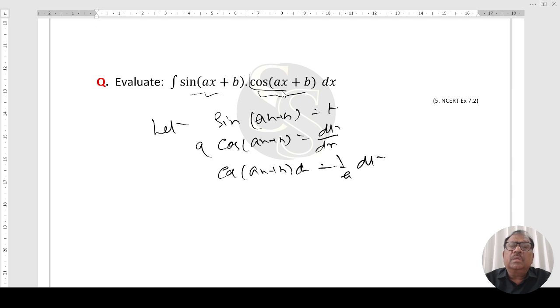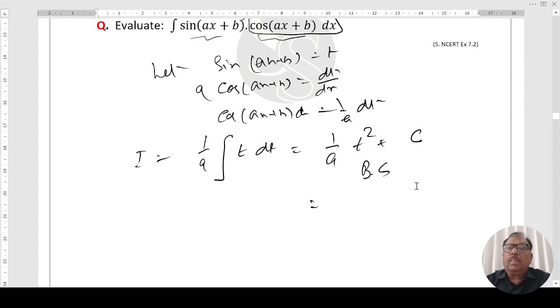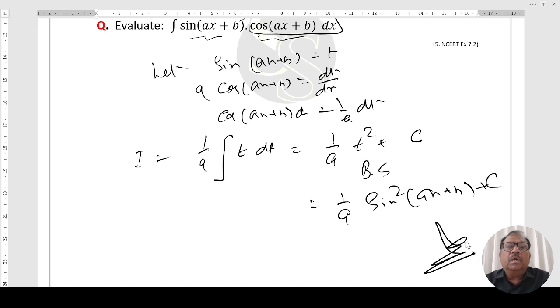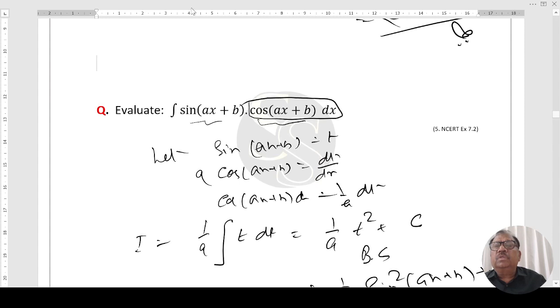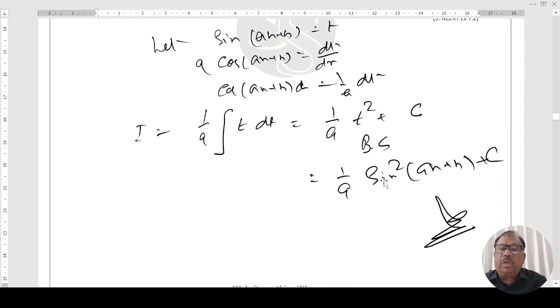Here 1 by a is a constant, so we get 1 by a integral of t dt, that is 1 by a into t square by 2 plus c. Back substitution gives 1 by 2a sin square of ax plus b plus c. This is the answer. Right? These two questions have been taken from exercise NCERT 7.2. Next question.